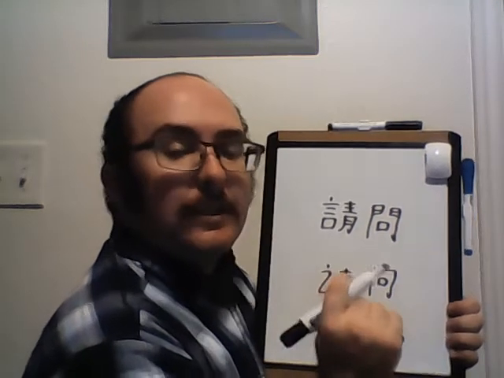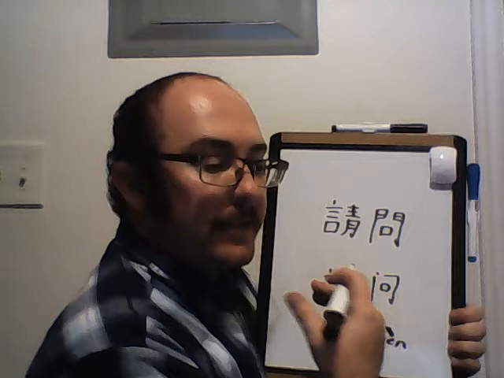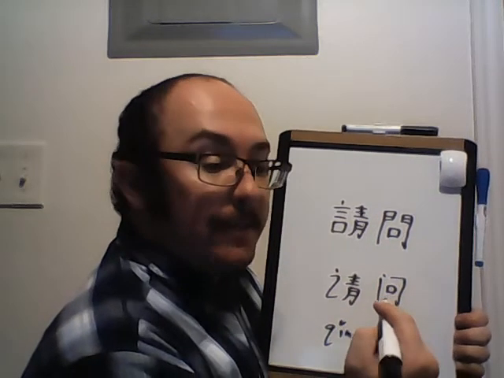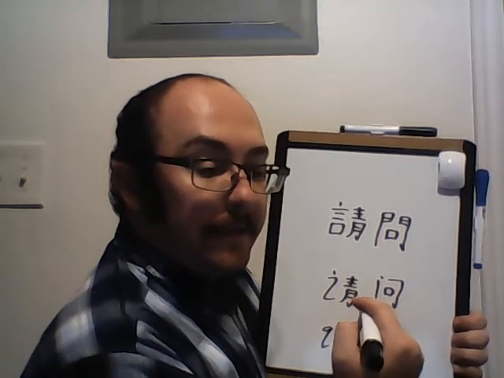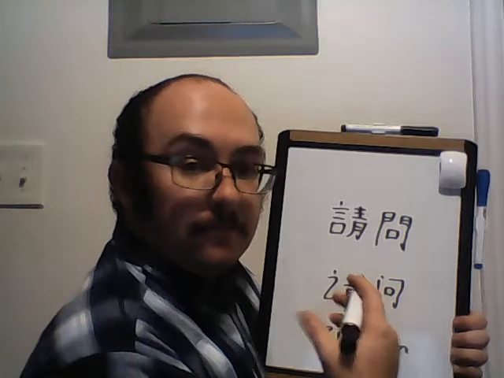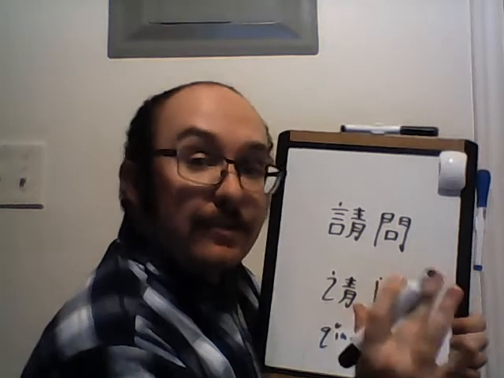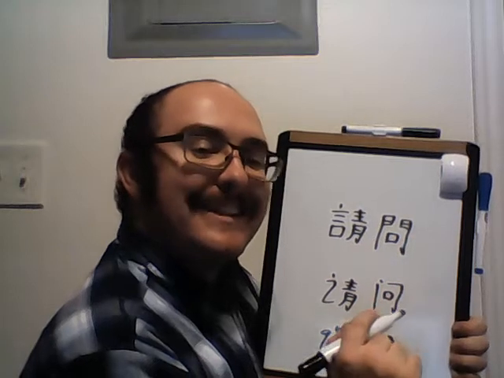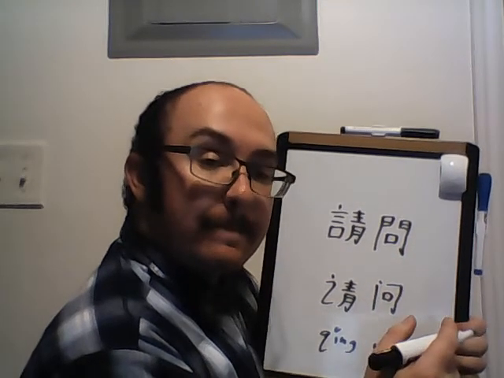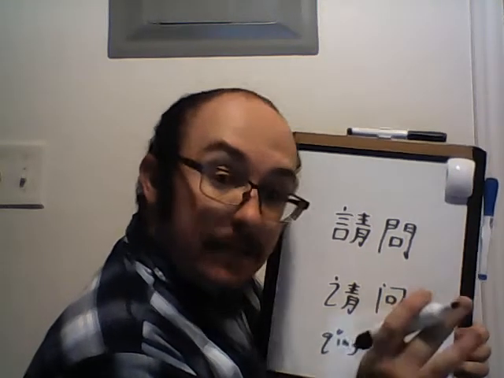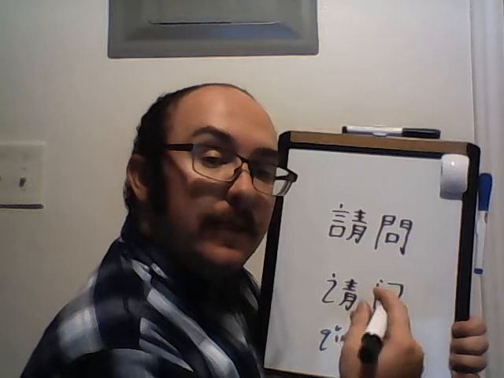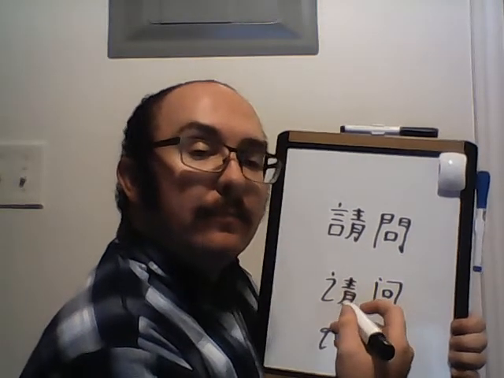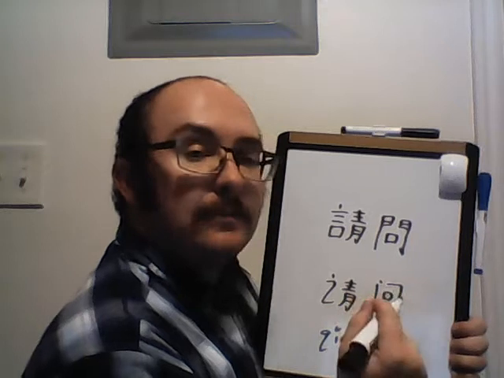Qing wen is like, in English we say, excuse me, but this isn't like you bumped into someone and you say, oh, excuse me. There's a different word for that. This is when you're trying to get someone's attention. Qing wen. Literally, it's like a may I ask.